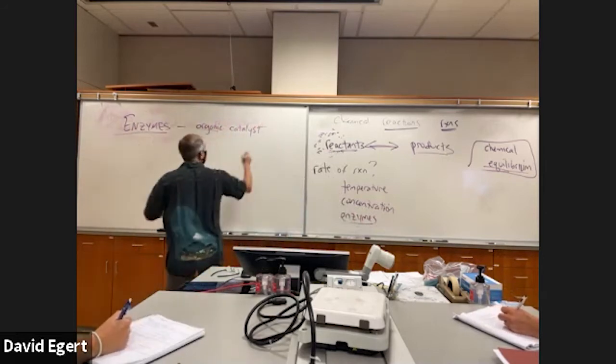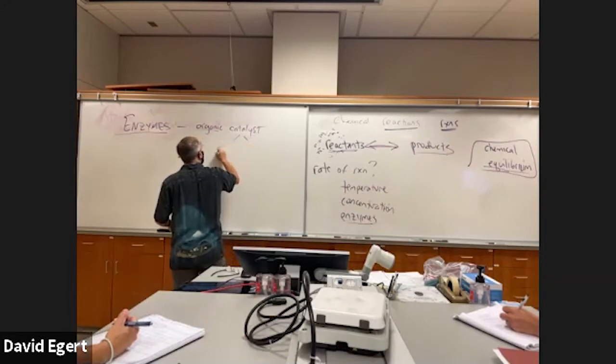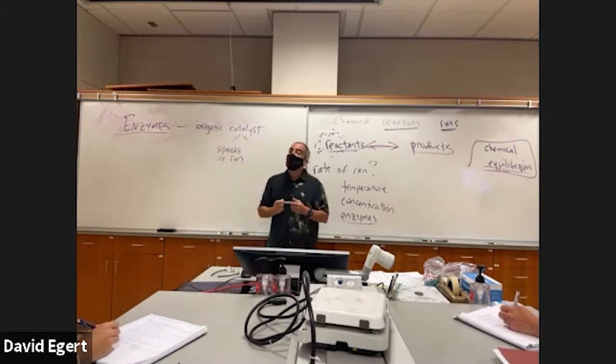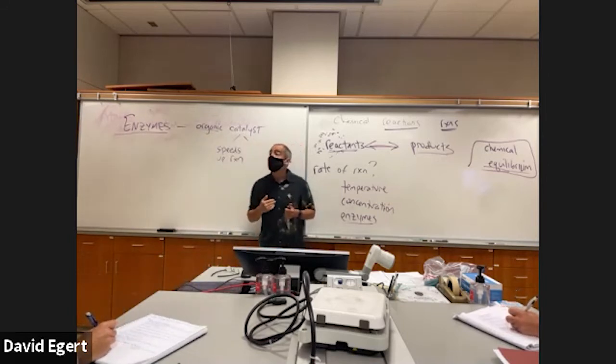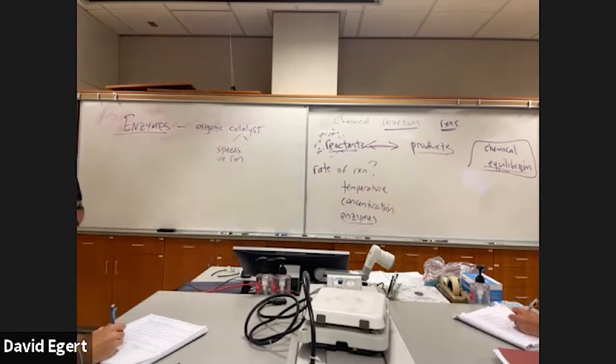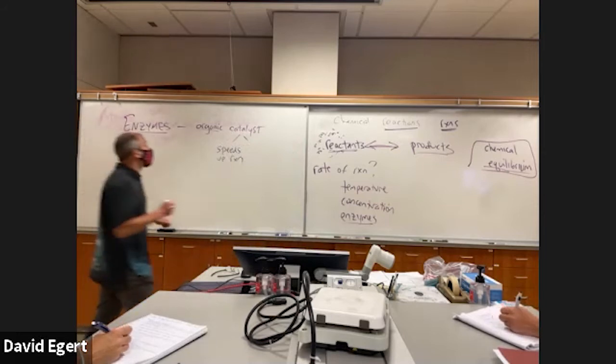And a catalyst has two properties. One is it speeds up the reaction, or you can also say it lowers the activation energy, making it more likely that it's going to run in the current conditions. What is the other defining quality of a catalyst? Not used up in the reaction. Yeah, it's not used up.